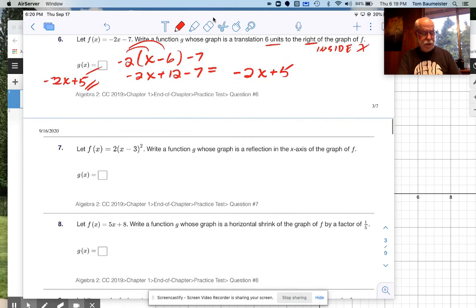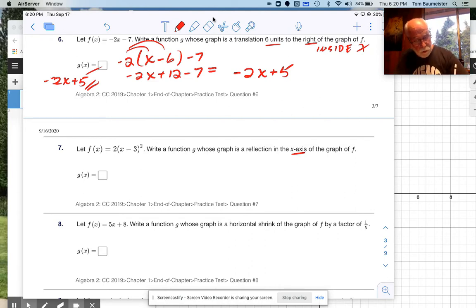All right, let's see. F of x is equal to 2 times x minus 3 quantity squared. Write a function g whose graph is a reflection in the x-axis of f.